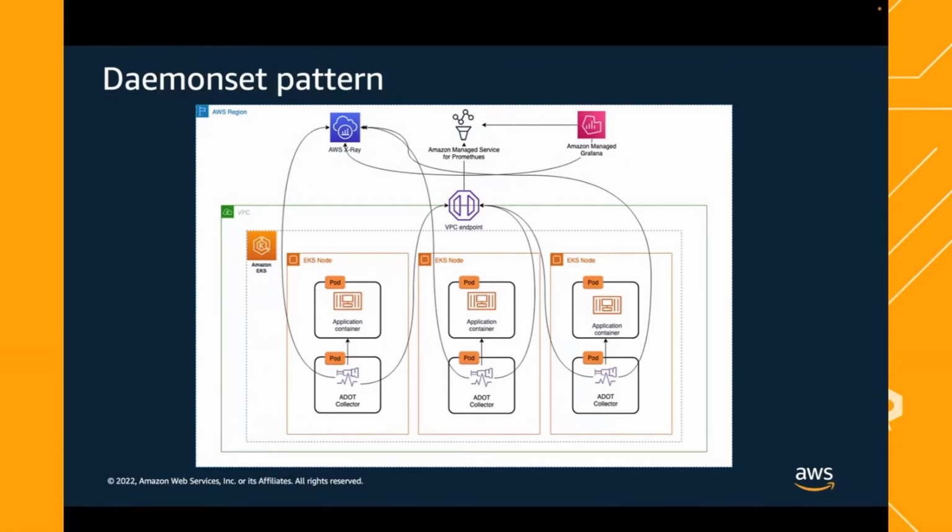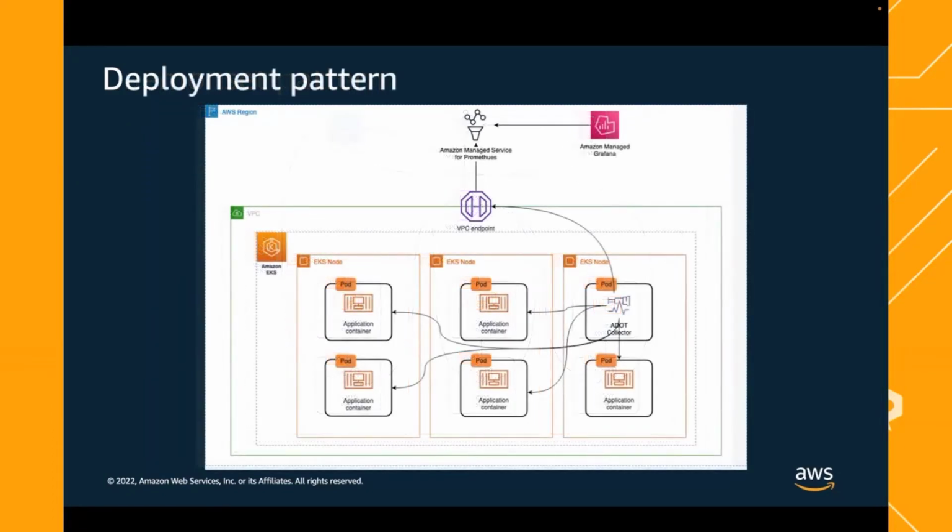Any Prometheus targets that are not in the same node will be ignored. So you will have even distribution of load across the ADOT collectors in your cluster. And you can also use the same ADOT collector to collect traces, just like we saw in the previous example.